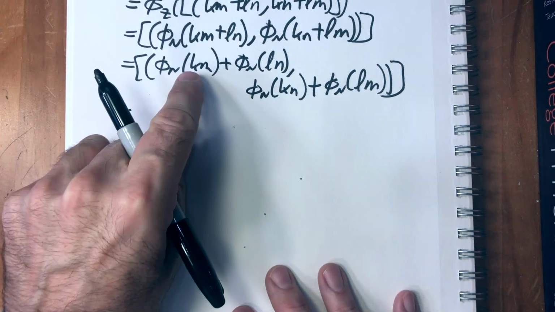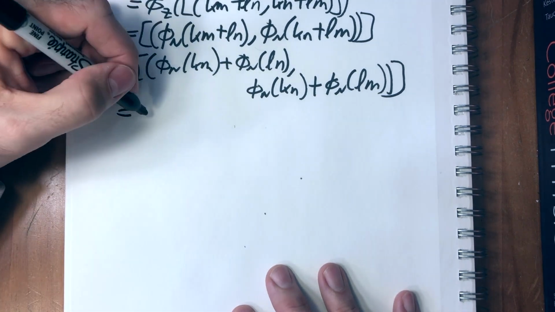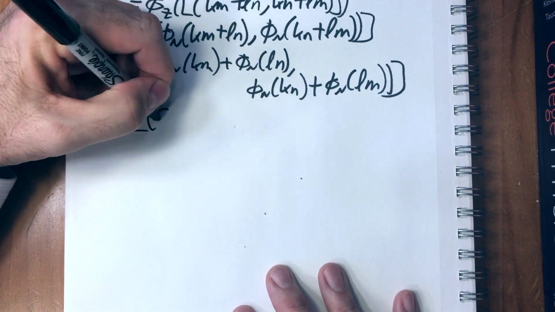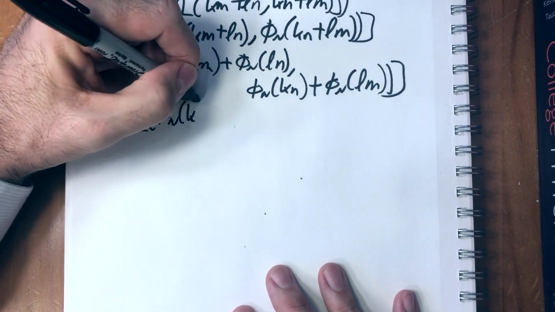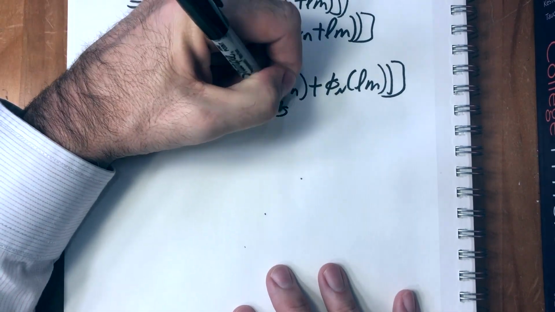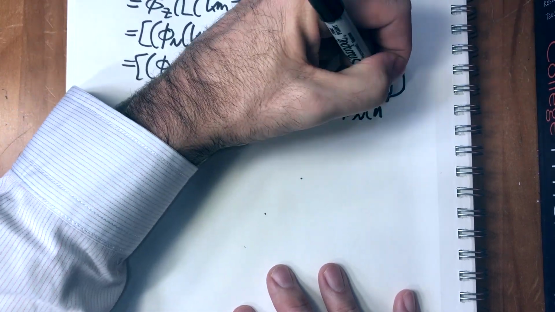Now we're going to do the same thing using the multiplicative property of phi n. So this one gets long, so we separate these out. So we have phi n of k times phi n of m plus phi n of l times phi n of n, comma.